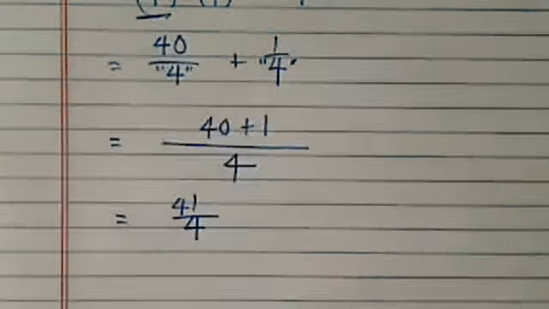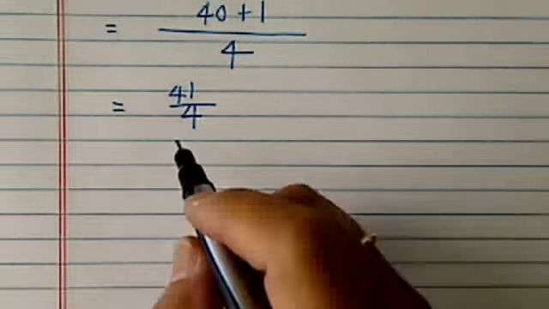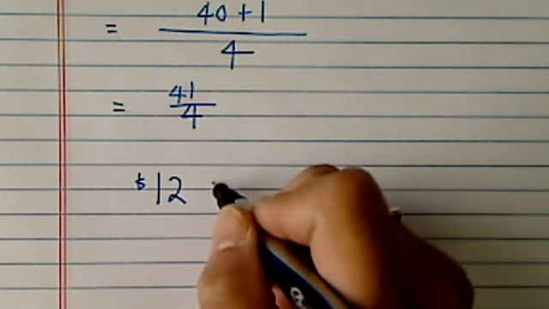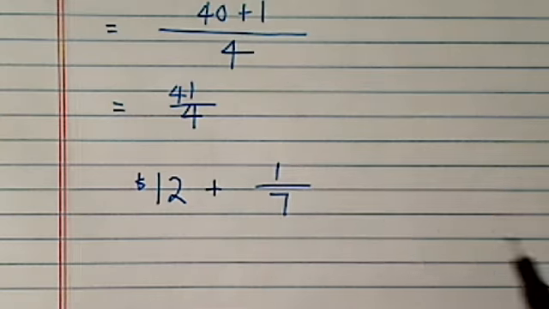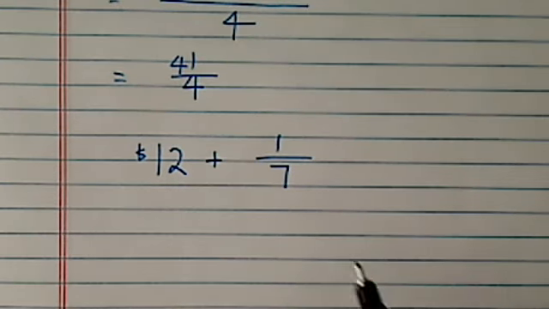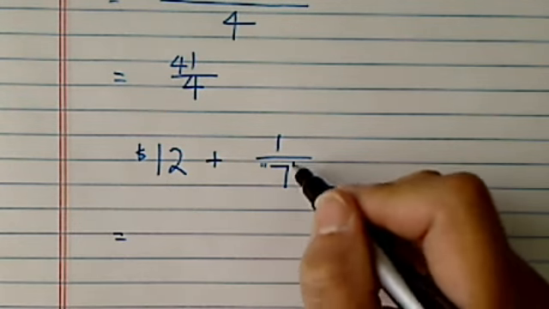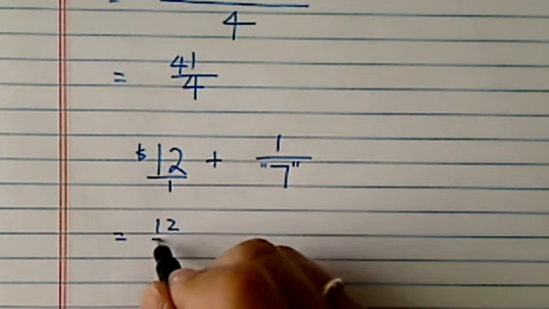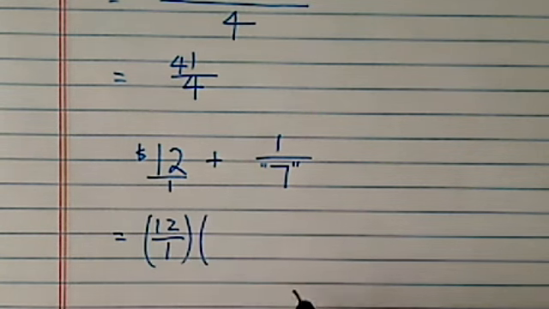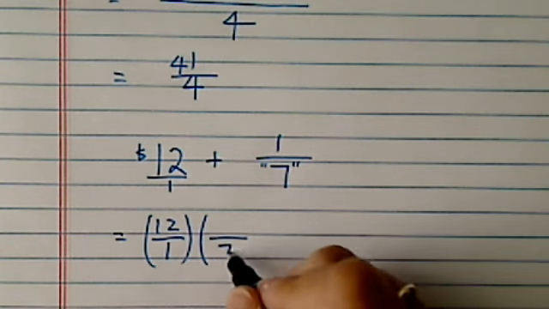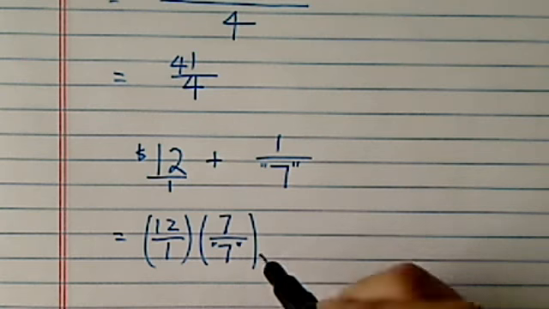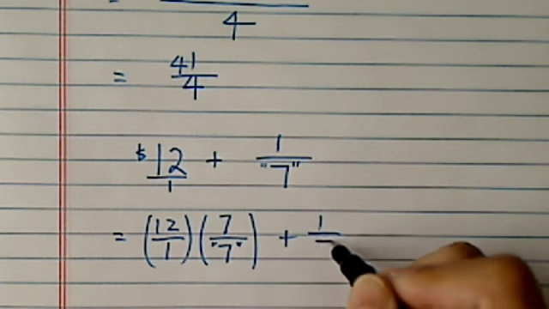Now, one more quick example. What if it's not a nice number? Let's see. What if I have $12 and this time I have 1 over 7? Well, what do I do then? The boat I want to get on is 7. So 12 over 1. This time I'm not going to multiply by 4 over 4, because I want the boat to be 7. To be fair, I have to give another 7 on the top, and then 1 over 7.